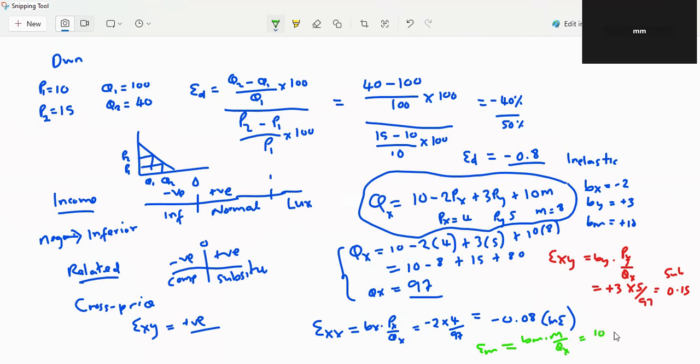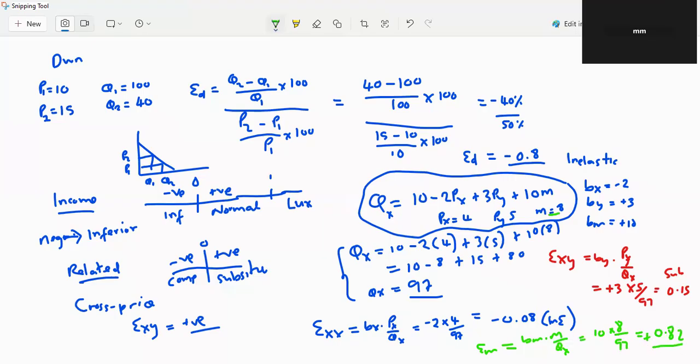The actual income was given as 8 over what? 97. So 10 times 8 is 80. 80 over 97. What are we getting? We're getting 0.82 positive.